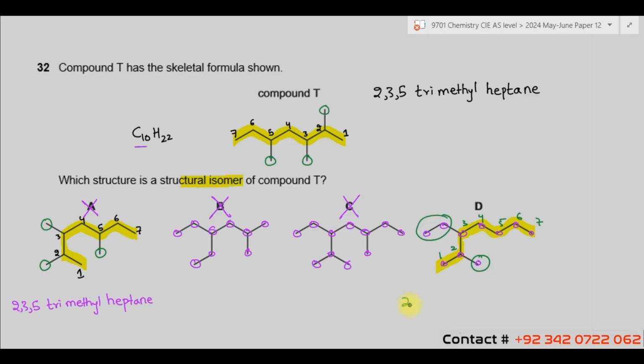So 3 ethyl, 2 methyl, and in 7 we have heptane. There are 10 carbons and 22 hydrogens. So this is the structural isomer because we have same molecular formula but different names or different structures. So correct answer is D.